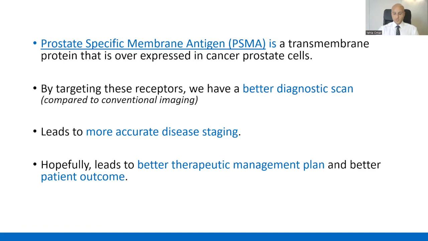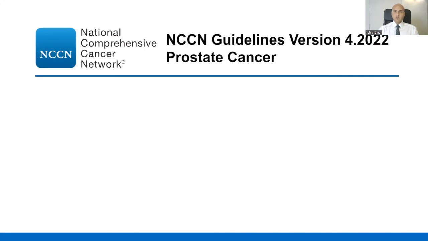So I want to move to the guidelines, the most famous guideline, which is the NCCN guidelines, which helps us communicate with our colleagues in oncology. That's the easiest common language to have, the NCCN guidelines.